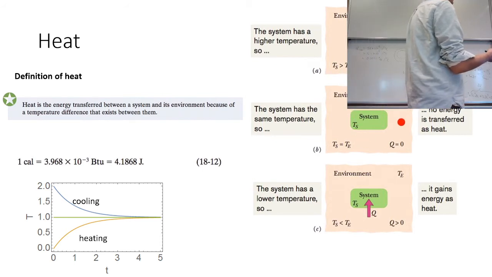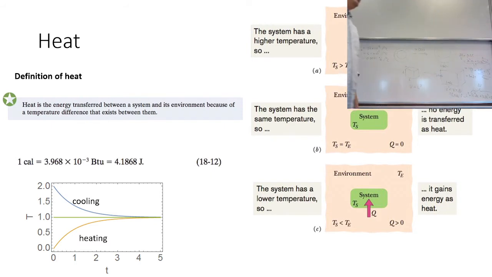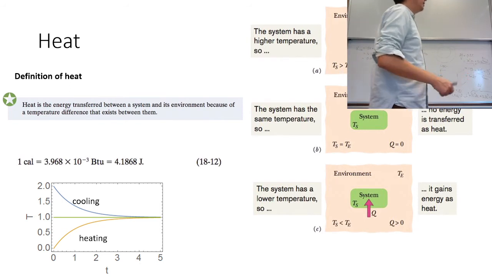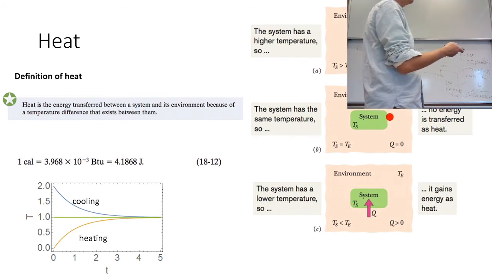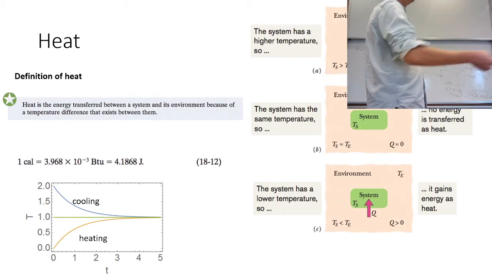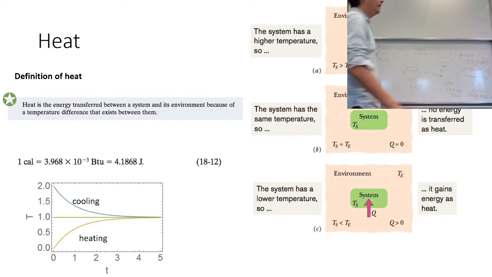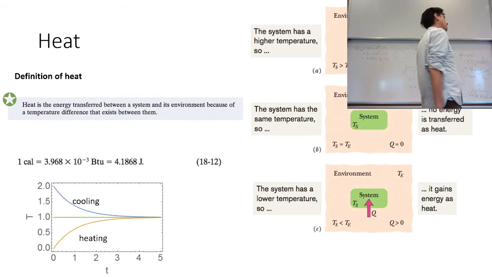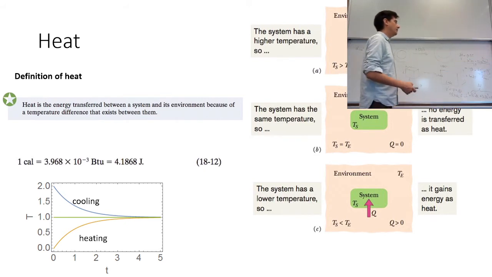If you've got a cup of water at room temperature, there's not going to be any exchange of heat, so there's no heat transfer in this case. Or if you've got a cool drink on the table, eventually it will warm up, of course, because the environment will give the drink heat energy.